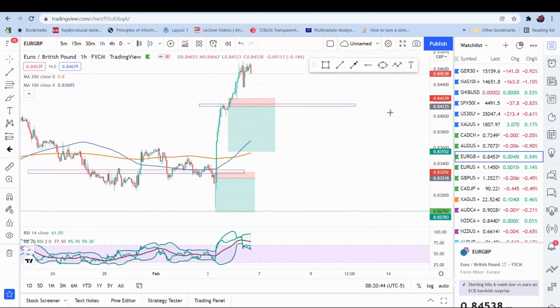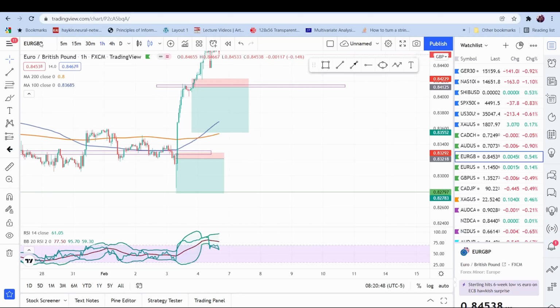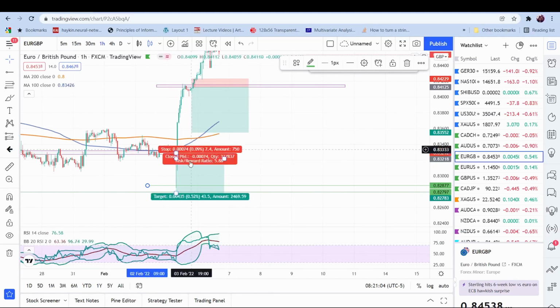That caused the initial move on the Euro GBP here, where price pushed down, and we got this sort of spike right here. And as you see, we had a reversal. Price pulled back up at the ending of that candle on the 1 hour.